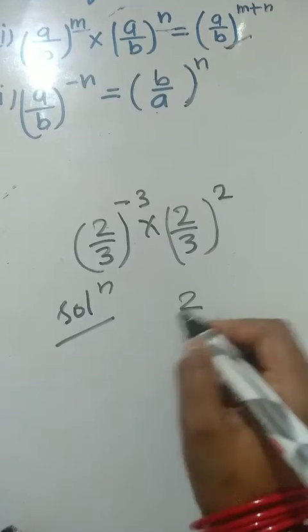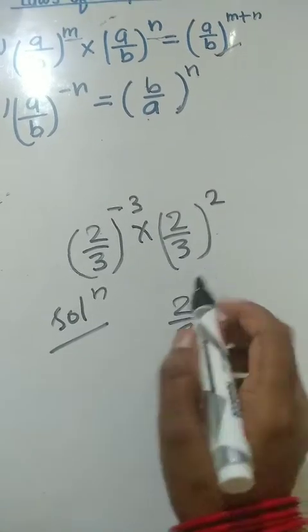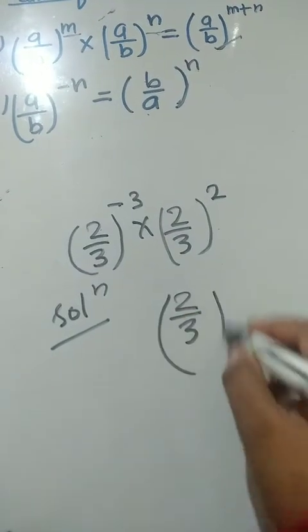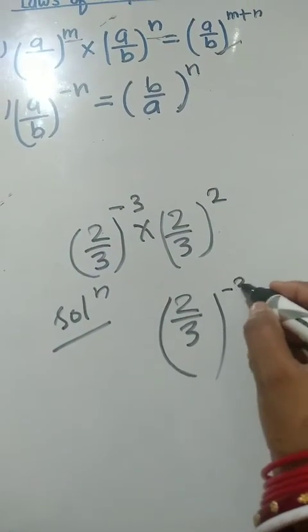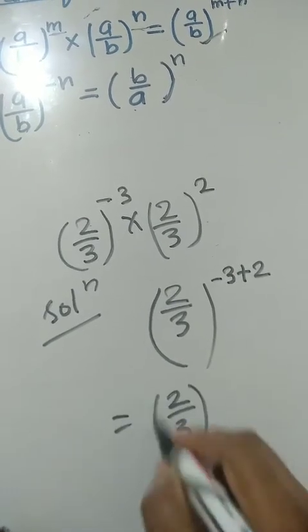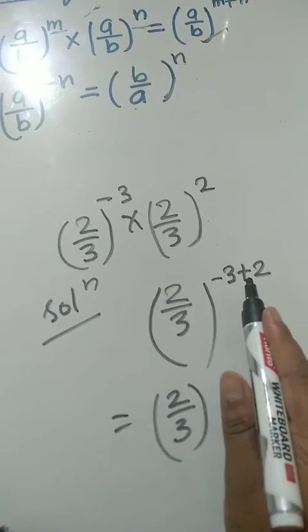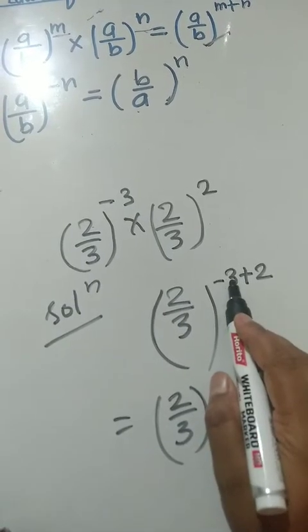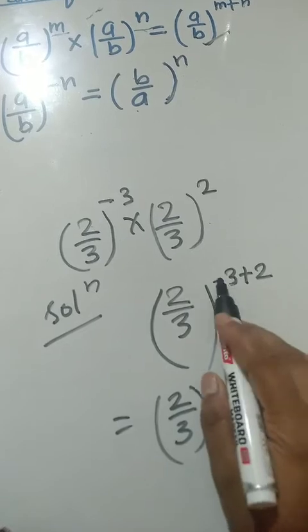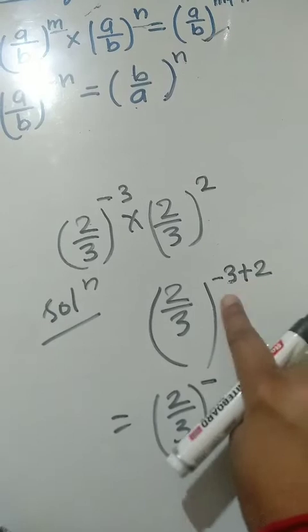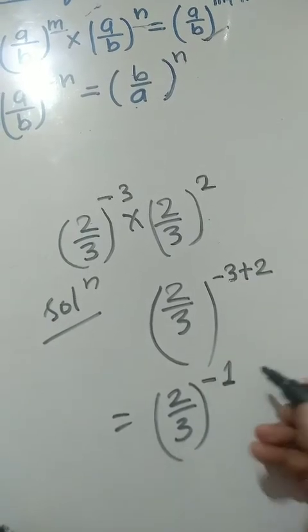As you know, according to the formula we can write (a/b)^m into (a/b)^n as (a/b)^(m+n), that is minus 3 plus 2. So (2/3) to the power minus plus minus, and the sign is of the greater number. We have to put the sign of the greater number. So 3 is greater and before 3 we have a minus sign, so we put a minus sign, and minus plus minus means 3 minus 2 is 1.